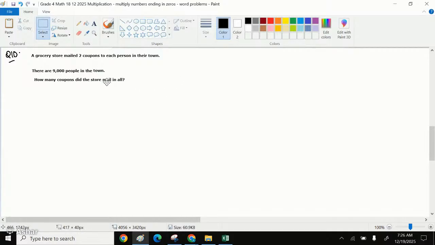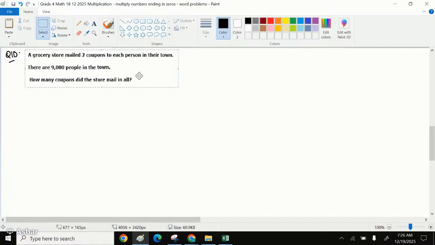The question says: a grocery store mailed 2 coupons to each person in their town. There are 9,000 people living in the town. So the question says, how many coupons did the store mail altogether?